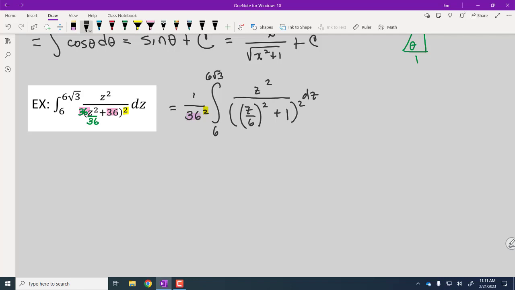All right. Now we're ready to do our trig sub. So z over 6, sine, secant, or tangent? Tangent, because we've got the plus. We're going to differentiate both sides. The derivative of z over 6 is 1 over 6, and we have 1 over 6 dz. The derivative of tan is sec squared.